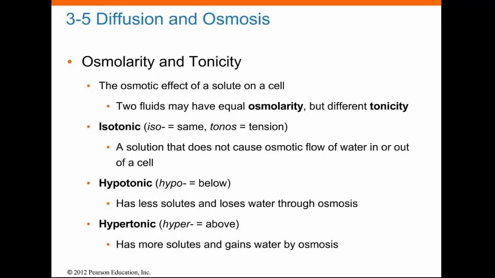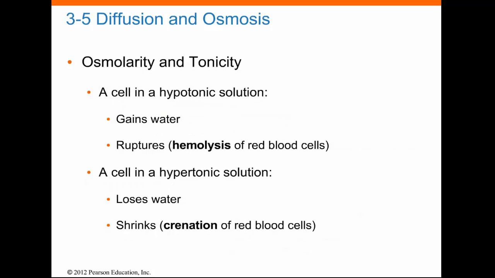So hypo meaning below, has less solute than, and gains water through osmosis. If it is hypertonic, which means it is above the tension, then water moves away and it loses water by osmosis. So let me show you a diagram of red blood cells, and it will make more sense in a moment.